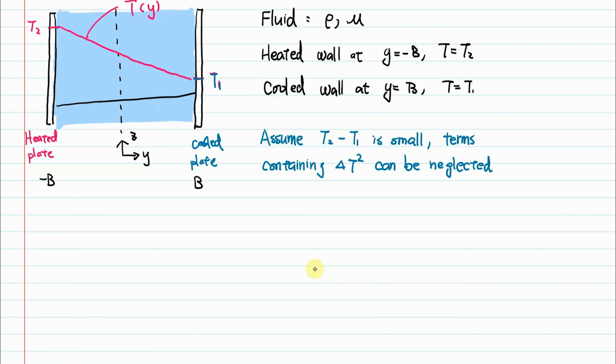The second assumption is that the system is closed at top and bottom. That means if there is going to be free convection, there is going to be continuous circulation.